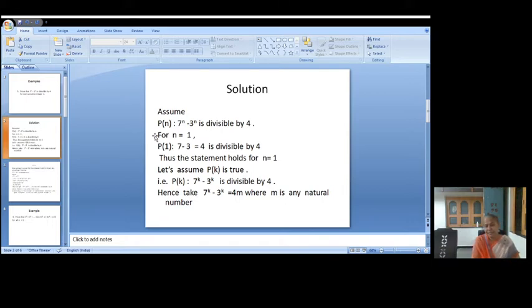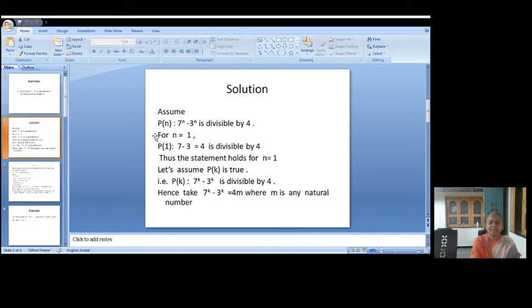Division and divisible by are different concepts, and therefore 7 raised to n minus 3 raised to n divisible by 4 means it can be written as 4 multiplied by some m, where m is any natural number, which we will use in the next part.